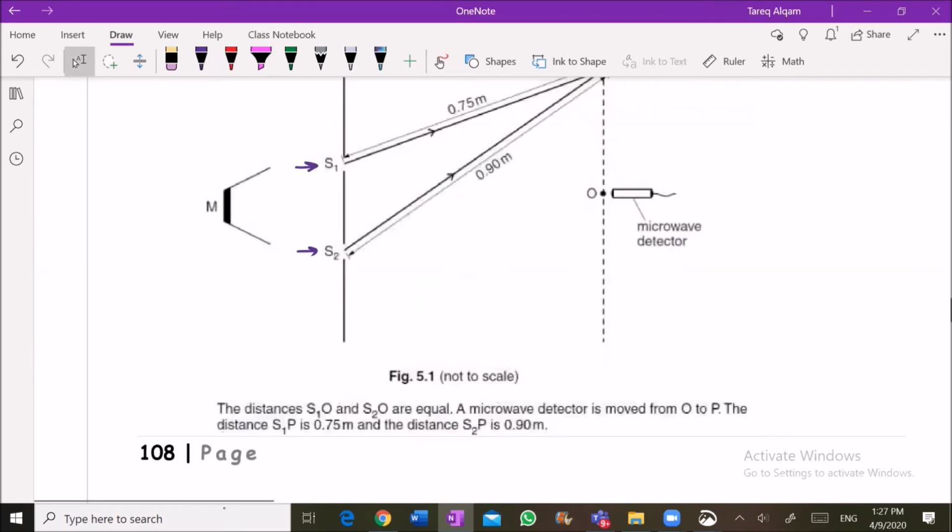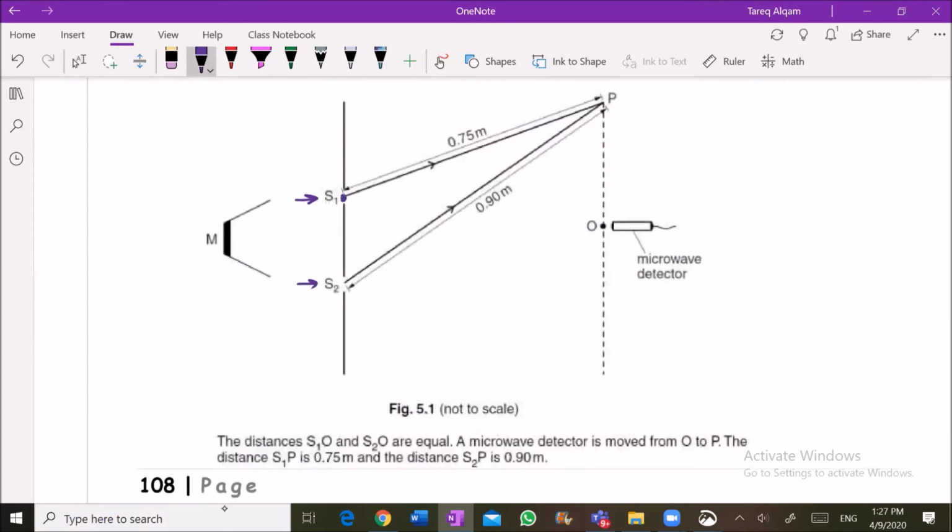The distances S1O and S2O are equal, right, because it's the central point. A microwave detector is moved from O to P. Distance S1P is 0.75 and distance S2P is 0.90.